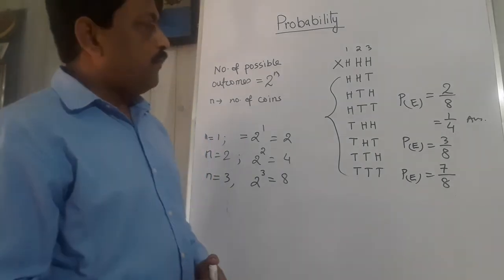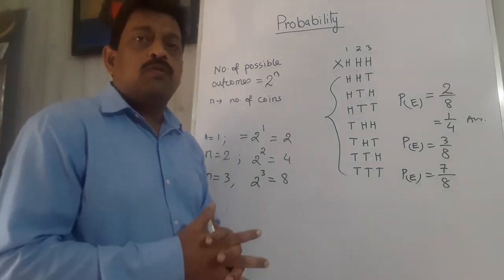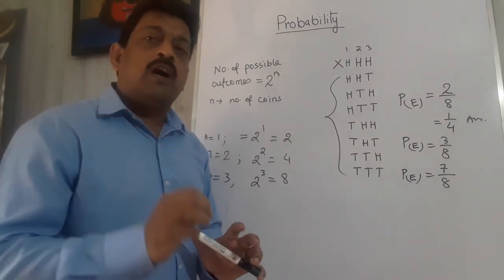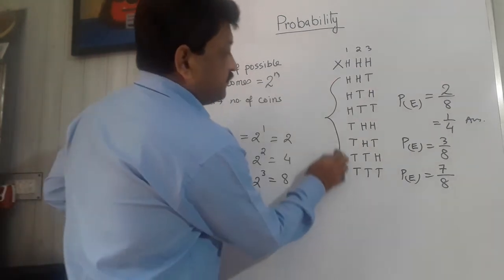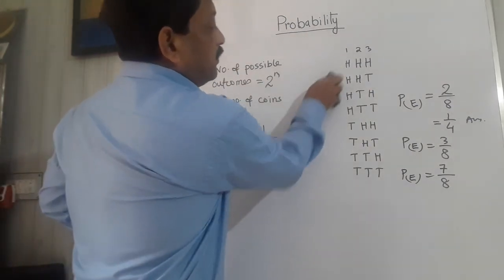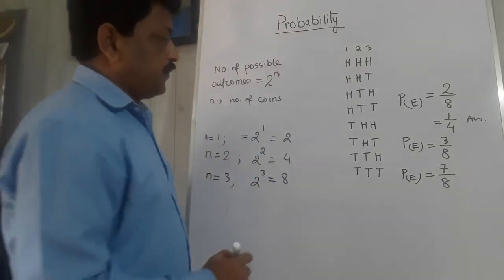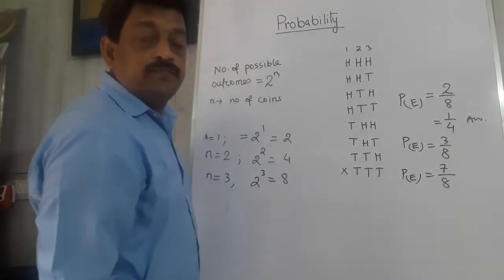Understood? Then the question may be asked at most one tail, at most. In other words, maximum one tail we can take, not more than that. So let us find what are the favorable outcomes. Maximum one tail cases. So this has 3 tails, we cannot take this.